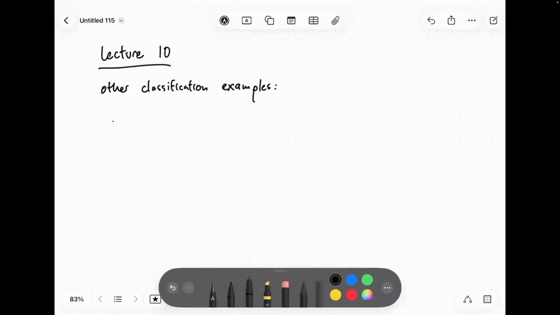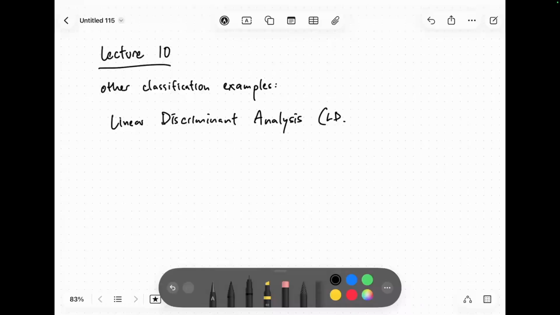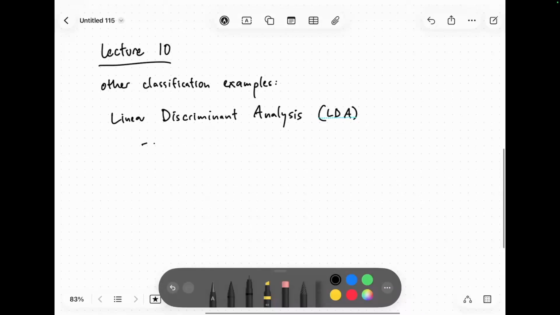The first one being linear discriminant analysis. This is also known as LDA. This is better for well-separated classes compared to the MNL.